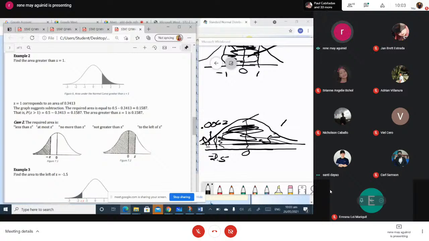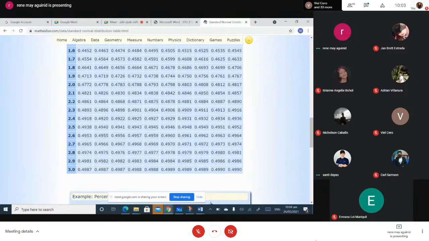So, find the area greater than z that is equal to 1. Greater, so pwede siya i-minus. Kani area 0.5, i-minus na siya gikan sa 0.5 using katong table from 0 to left and 0 to right.